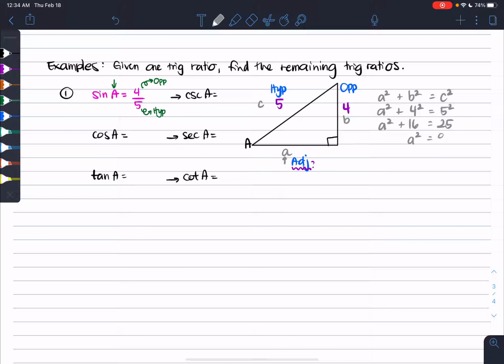We end up getting A squared equals 9. And taking the square root of each side, we get A equals 3. Very nice. So that tells us that the side adjacent to our reference angle is equal to 3.